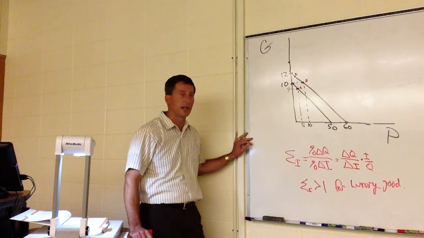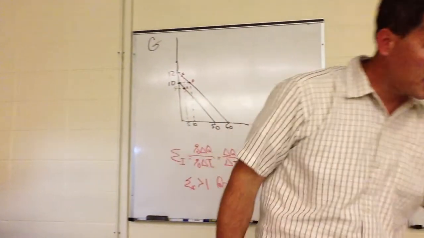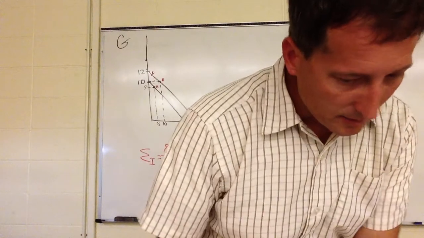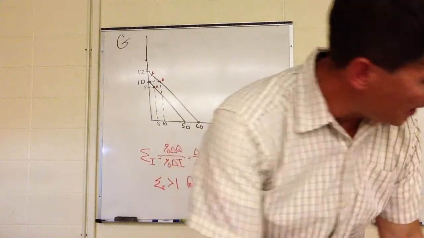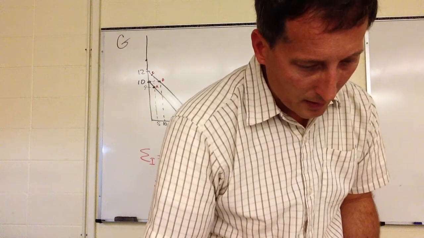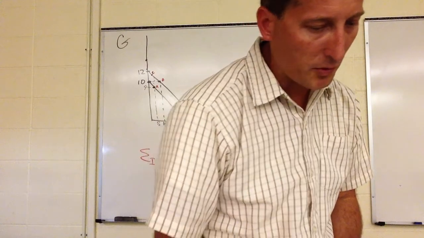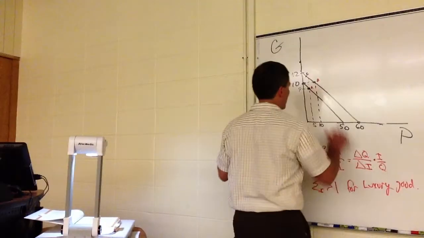But you can plug in, the first one's going to be false because the income elasticity is less. So the statement's false for part B and true for part C. And all you got to do is plug in those numbers with the changes.